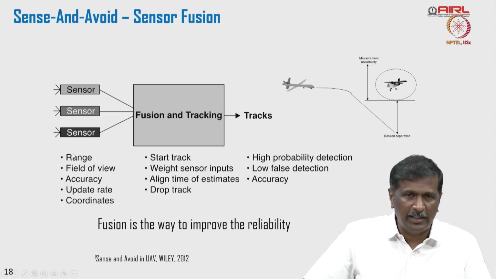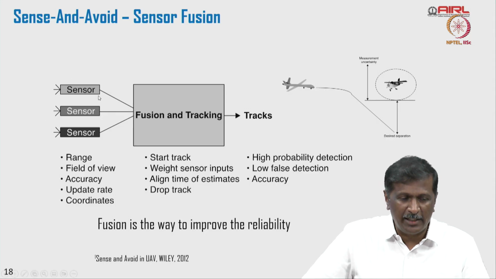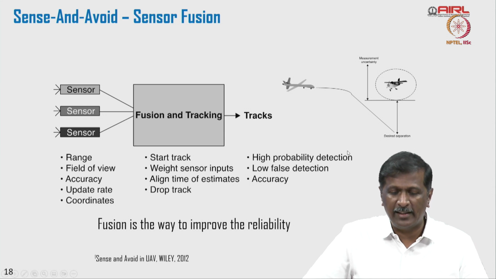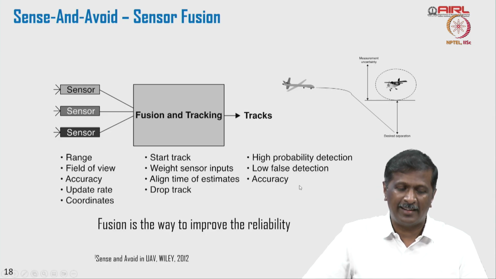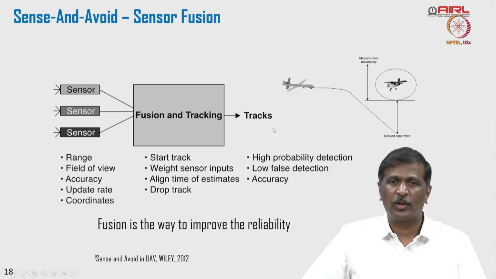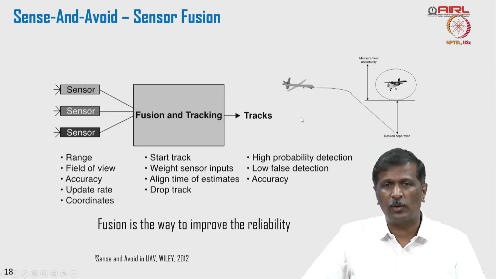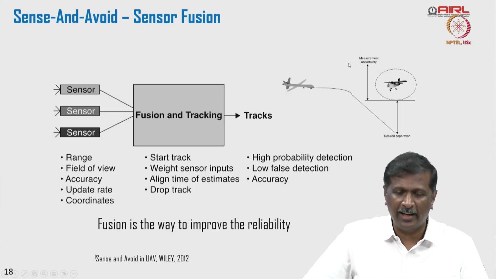Then I may have to add multiple sensors. Not just multiple sensors, my computational cost is also going to increase to get highly reliable detection, low false alarm and accuracy, right? So fusion can be done, but it will increase the cost and computational overhead, right?